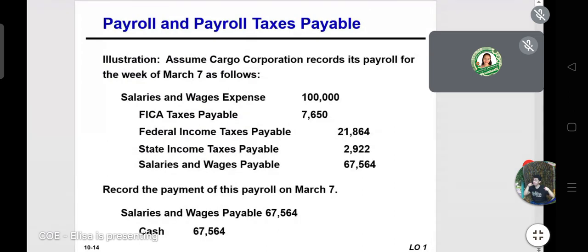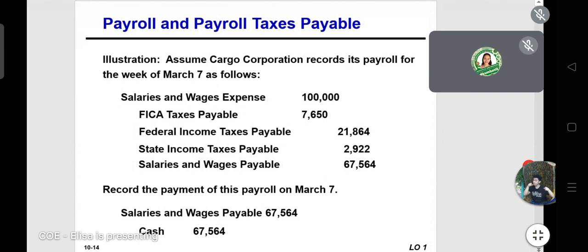And then this is also the amount that will be recorded as wages payable. So by the time the employee is paid his salary, you debit salaries and wages payable and credit cash. But definitely this 100,000 will be paid in cash ultimately, but to different payees.